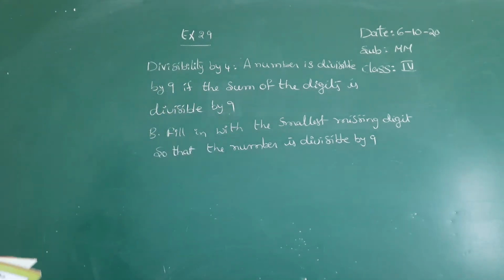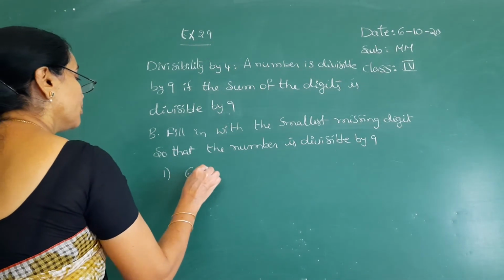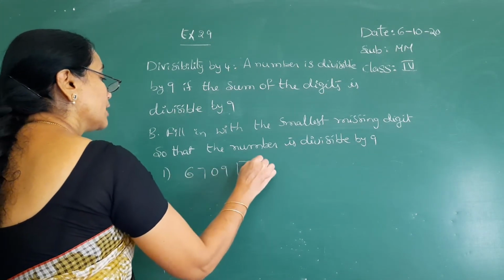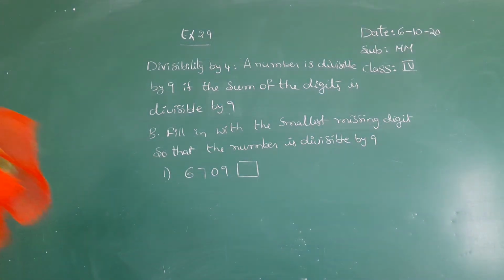Some placeholder is given here, and they are asking to fill that placeholder with a digit, so that the total number is divisible by 9.